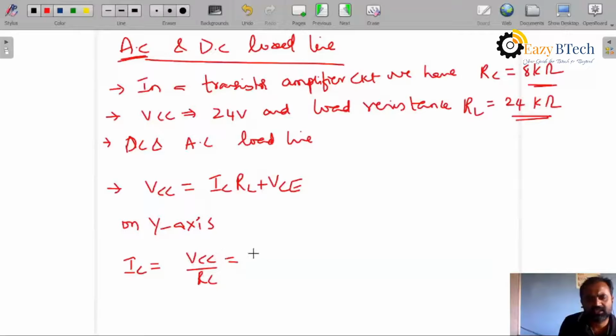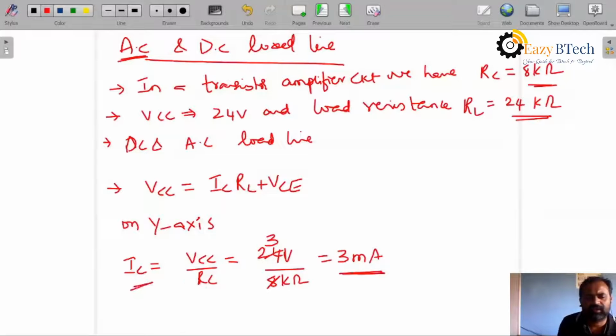VCC is 24 volts and RC is given as 8 kilo ohm. 8 3s are 24, and kilo will go up, so you will get 3 milliamperes.